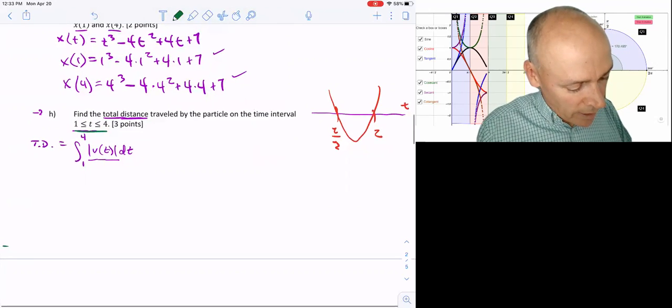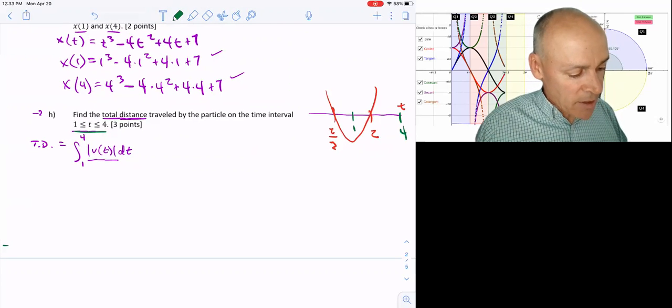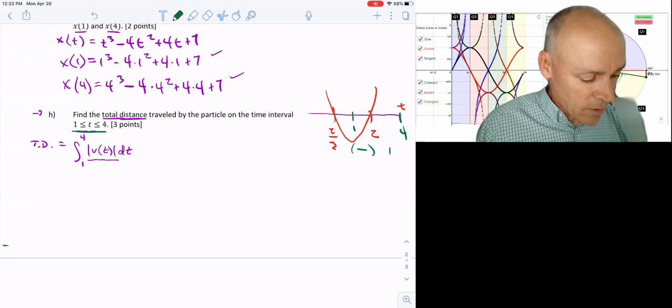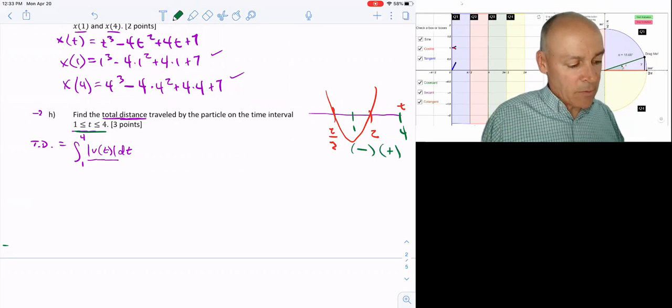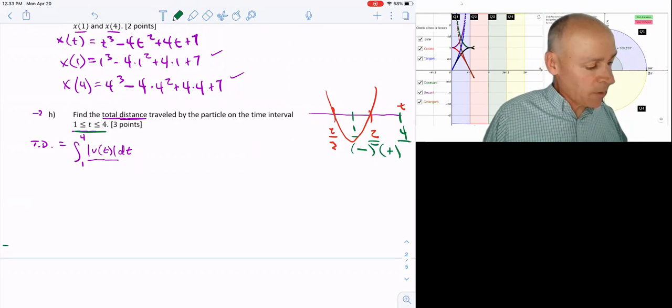There's 1, and there's 4. So we can see that velocity is negative on this interval, and then it changes to positive on that interval. From 1 to 2 it's negative, and from 2 to 4 it's positive.